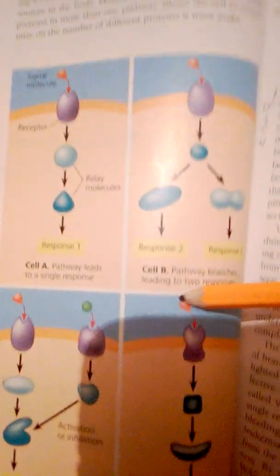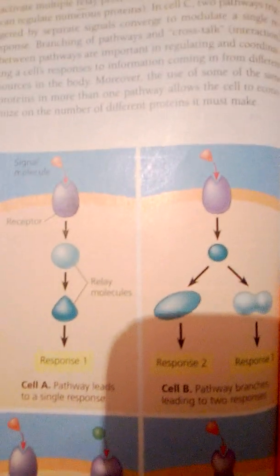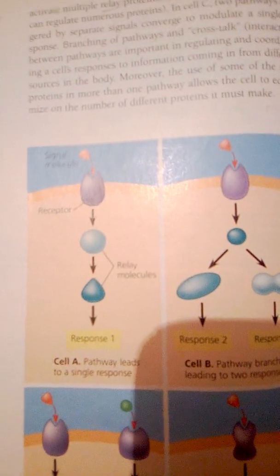Again, notice the figure: cell A, cell B, cell C, cell D. The response of a particular cell to a signal depends on its particular collection of signal receptor proteins, relay proteins, and proteins needed to carry out the response.